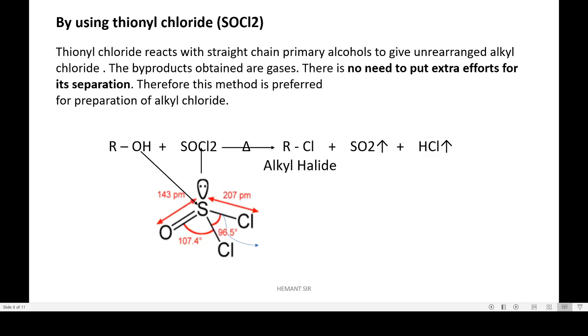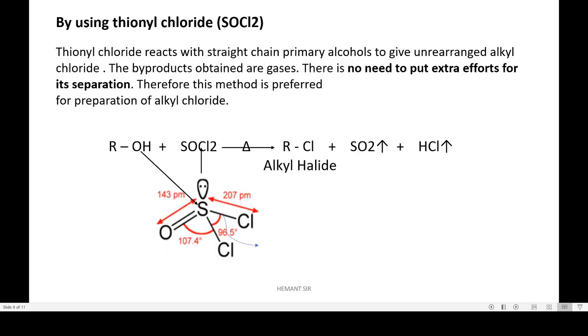Sulfur has an extra lone pair of electrons plus 2 Cl and oxygen. Okay? Oxygen donates the electron to the sulfur, a chloride is removed, and this chloride directly links with the alkyl group. Hence you will get the alkyl halide. Okay?